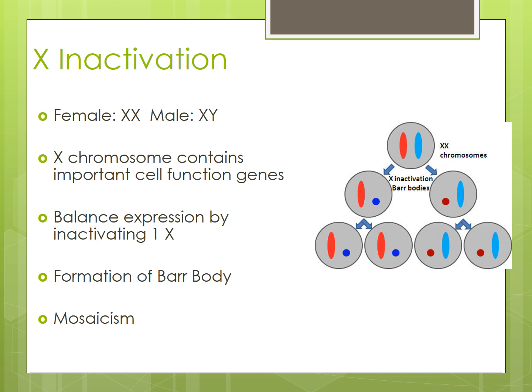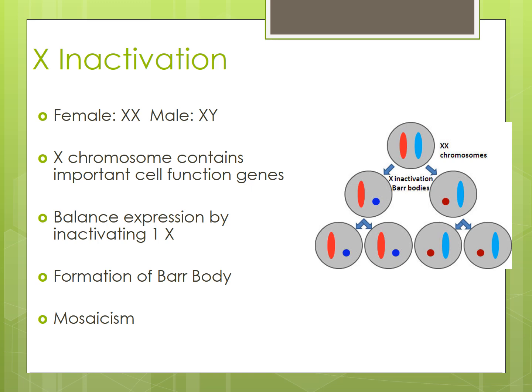So in the body, you could have slightly different genomes, with a pattern of expression where some cells express one X chromosome and some express the other. When this inactivation occurs and which one is inactivated can determine whether certain parts of the individual have one X chromosome present or the other. So you get this regional mixture of certain cells or tissues that are using one X chromosome, while others are using another X chromosome.